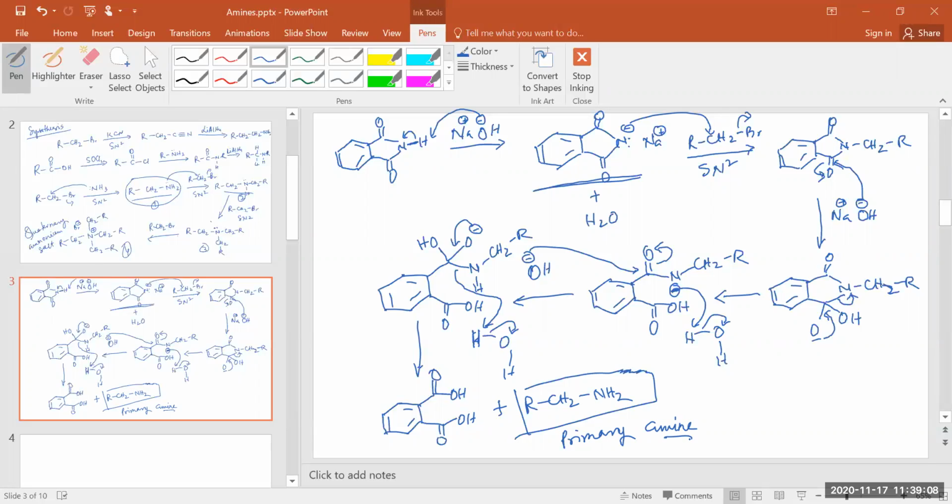Remember, SN2 reaction followed by hydrolysis. So this will make the product primary amine. Here you see this primary amine is pure, it is not contaminated by secondary or tertiary amine. So it's a very good method to make primary amines, and this is called the Gabriel phthalimide reaction.